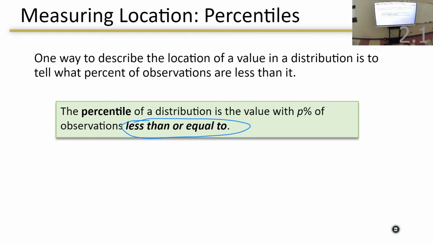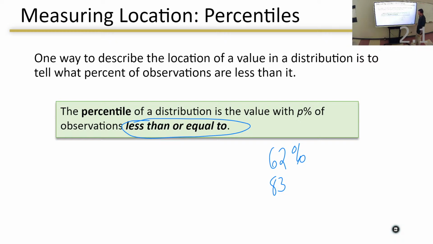Okay, if you are in the 62nd percentile, that means that whatever that value is, let's just say it's 83, okay? That means that 62% of the observations fall at 83 or below. Not below 83, at 83 or below.